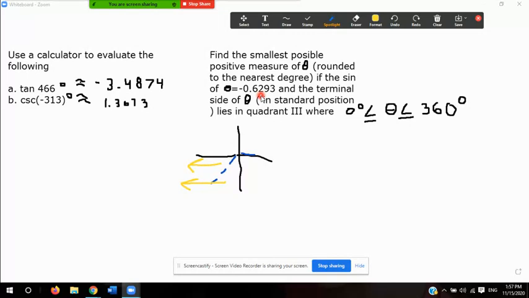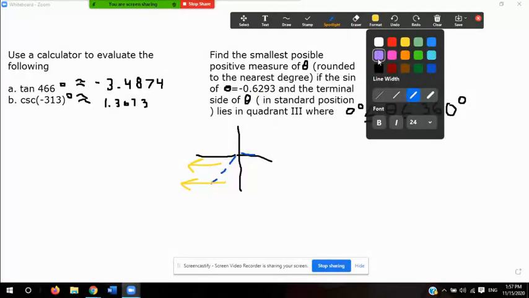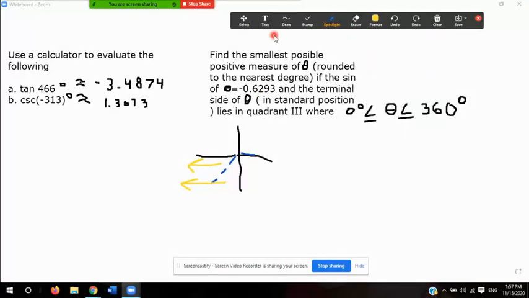So the first step is to take this value, z, or theta, sometimes it's called theta, some other books call it z, equals negative 0.6293.